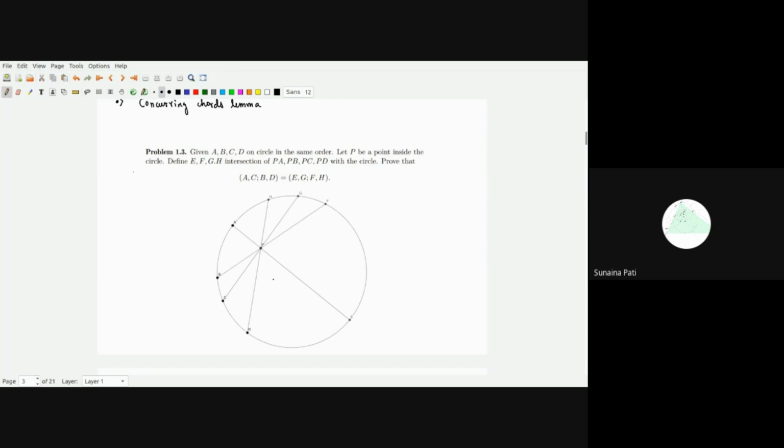Then the cross ratios are preserved. The cross ratio of ACBD is equal to the cross ratio of AGFH. Moreover, P lying inside the circle isn't a big thing. You can also take it outside the circle. You just have to make sure of the intersections.